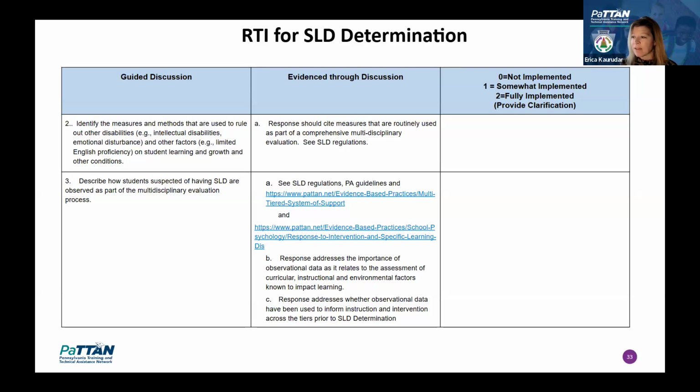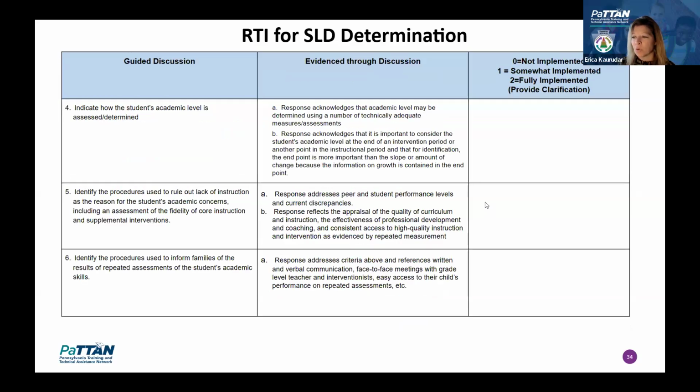For example, if the concern is in the area of mathematics calculation, the student should be observed during math instruction and math intervention time. You can see the different Pennsylvania guidelines that help govern observation requirements. Additionally, we also want to consider instructional, environmental, and curricular factors that may be impacting learning during the observation. Your LEA team should consider having observational data help inform the instruction and intervention process across the tiers.